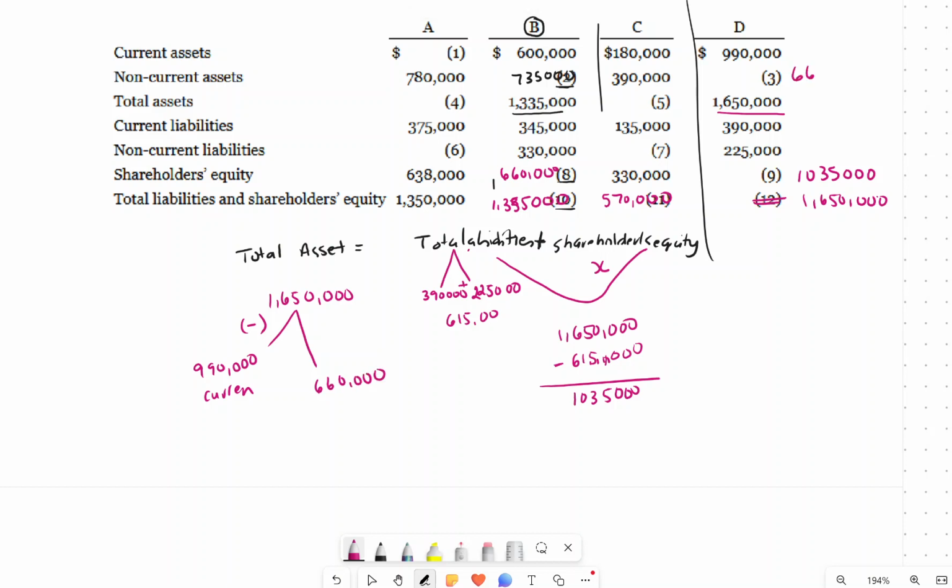So take both numbers, minus it from each other, and that will be the number. The part you needed to remember is your asset is equal to your liability plus your equity, and once you figure that out, everything works out for you.